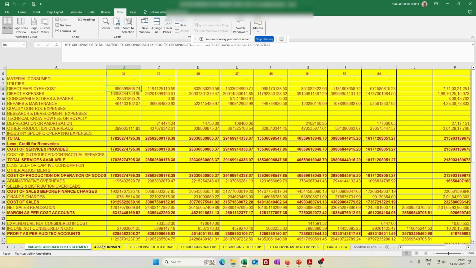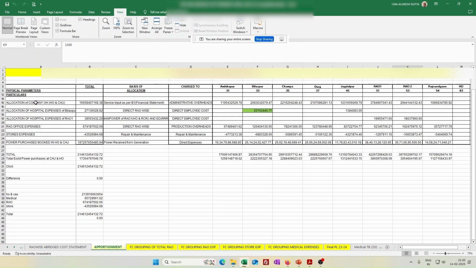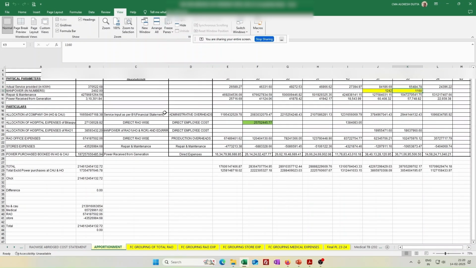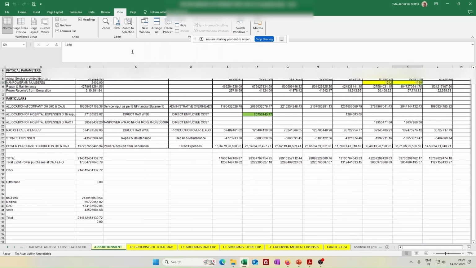And this is an apportionment of the different costs. RAO wise apportionment, allocation of company overhead, allocation of hospital expenses, which we have kept deducted from the total RAO expenditure, hospital expenses, RAO wise office expenses, store expenses.